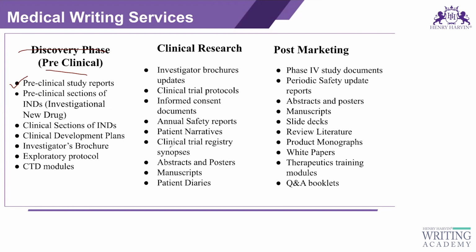Then the investigator's brochure. The investigator's brochure is a document which contains all the information about the investigational product, or IP. The investigational product is the product for which we are conducting the study, the clinical trial.